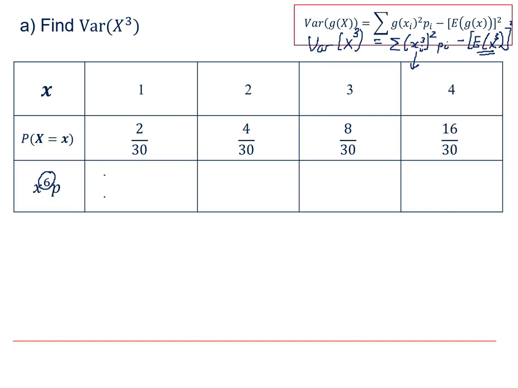So what we need to work out is x to the power 6 multiplied by the relevant probability in order to get what's equivalent to our E(X squared), but E of g(X) squared this time.